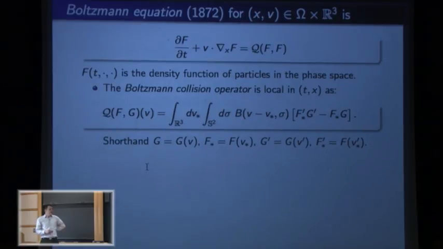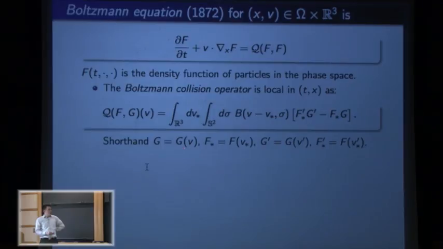It's a local operator in t and x, and it's an integral over dv star, and an integral over d sigma, which is the integral over all the angles. And then you have what I call a collision kernel, B(v − v star, sigma), and you have this difference of the functions, f prime star g prime minus f star g.